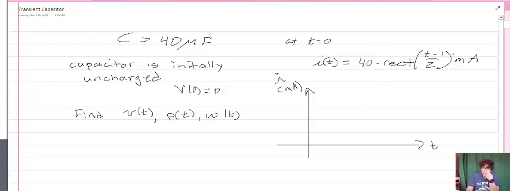And what this function means is that we have a rectangle whose center is at 1 and its width is 2.